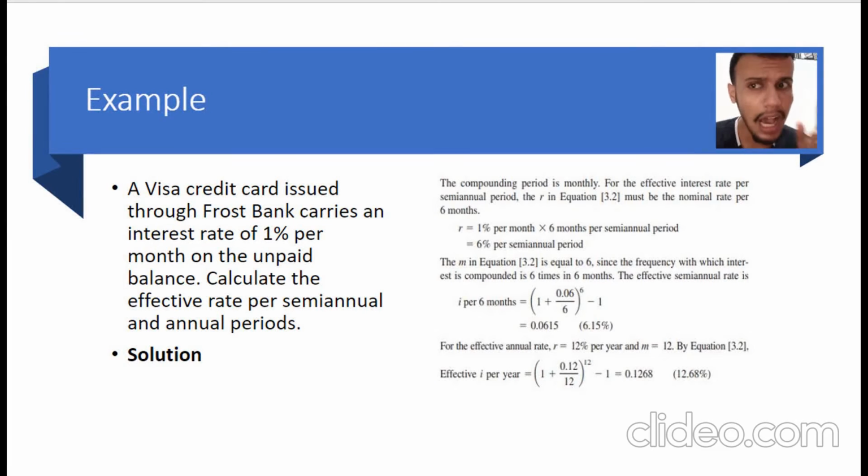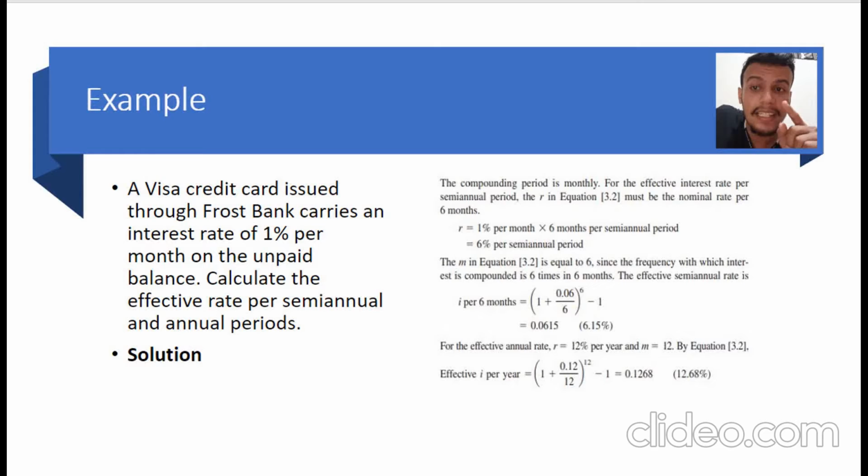From the equation we explained before, R equals 1% per month multiplied by 6 months per semiannual period. This will be equal to 6% per semiannual period.